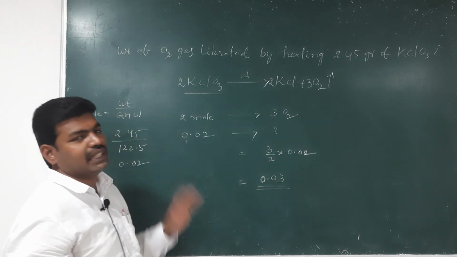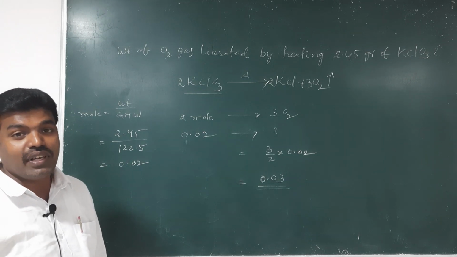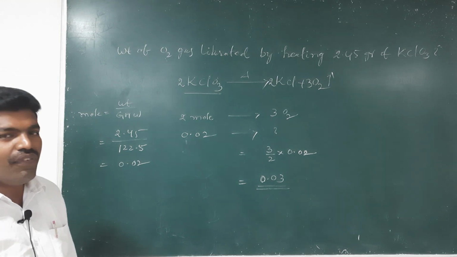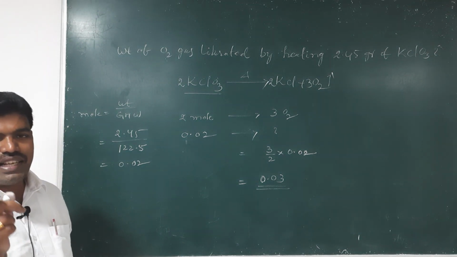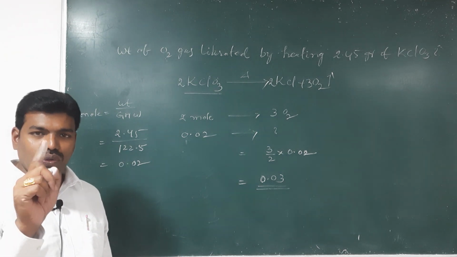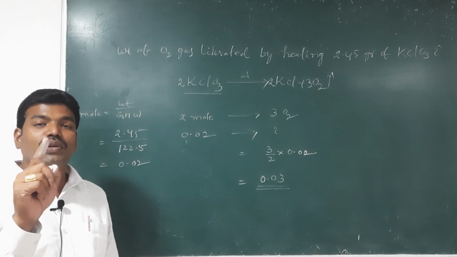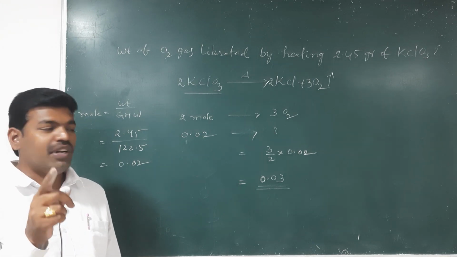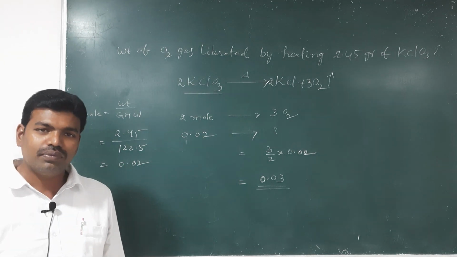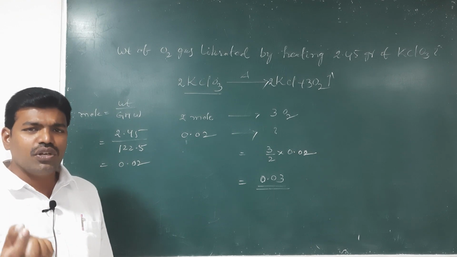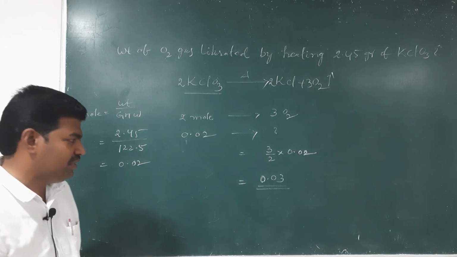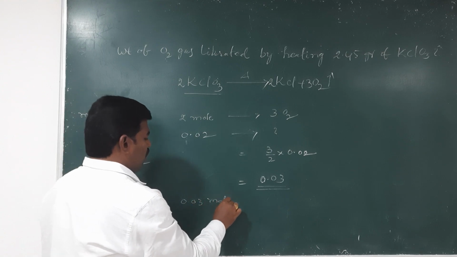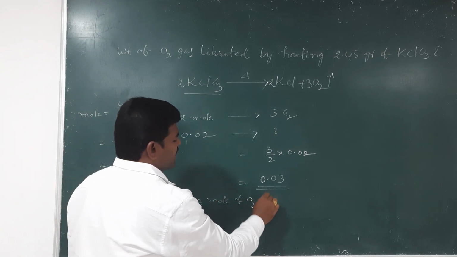But what did they ask? They asked to calculate the weight of oxygen gas. So 1 mole of oxygen gas or O2 gas weighs 32 grams. But 0.03 moles of O2 weighs 0.03 into 32 grams.